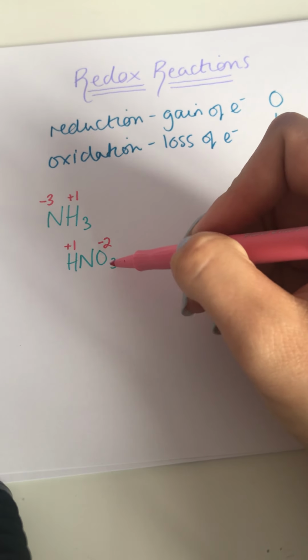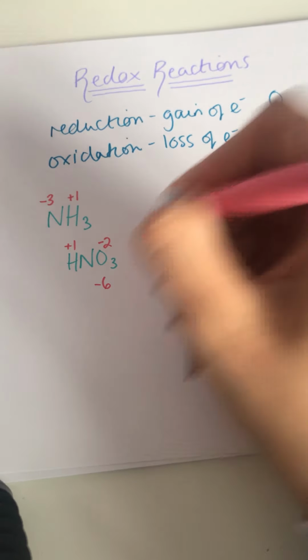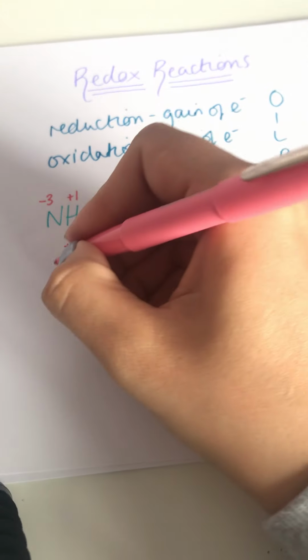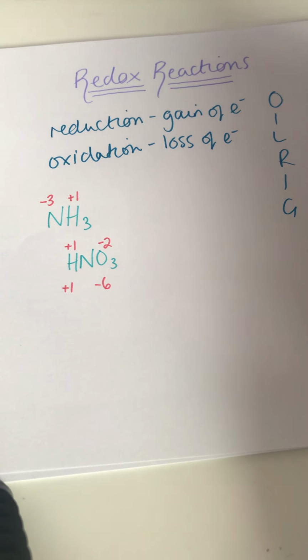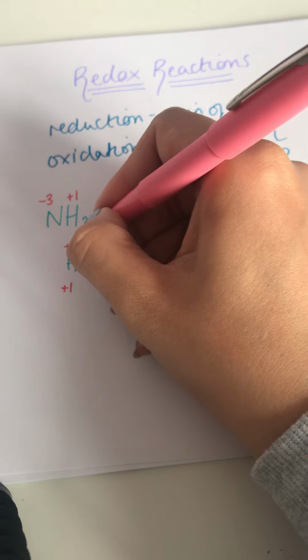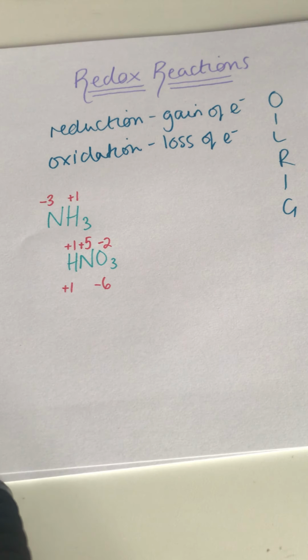We've got 3 lots of oxygen at -2, so we would have overall -6 here. Hydrogen, we said, is +1, so in order to make that neutral overall, the N must be +5.